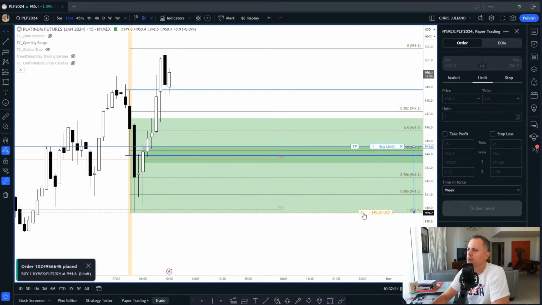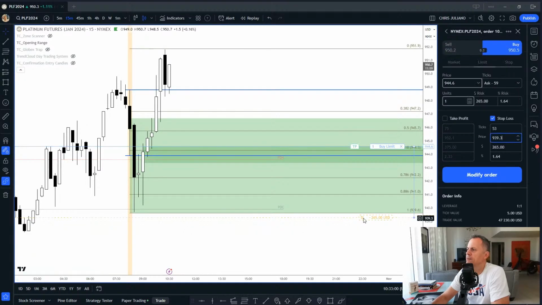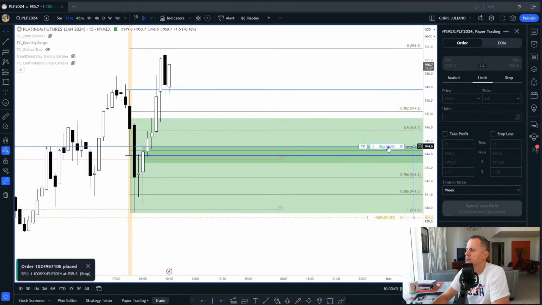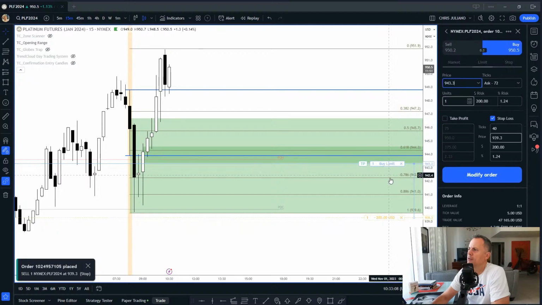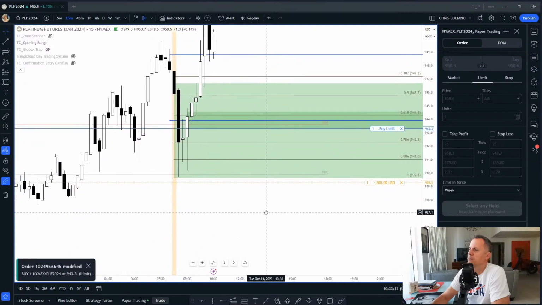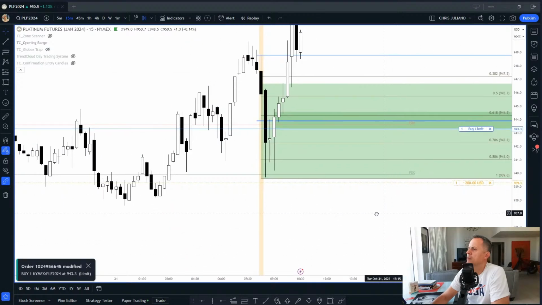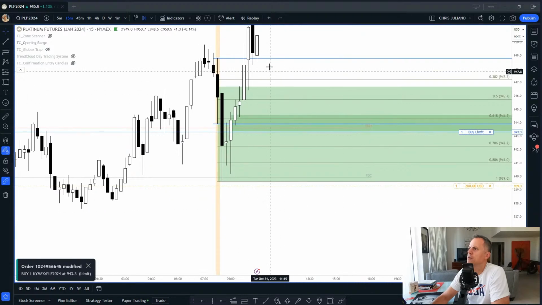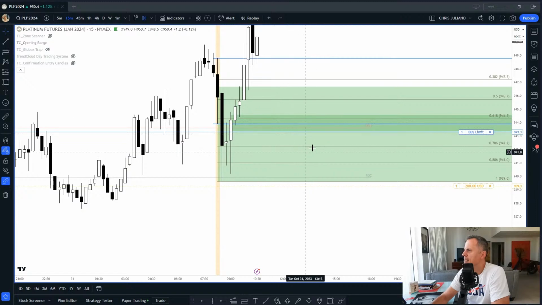Okay. Where are we at here? 265, too expensive. If we wanted to take the full zone, we're going to have to bring this down like this. We'd have to take a chance like this. There's your $200 risk. Full zone. It's got to come in here, right?